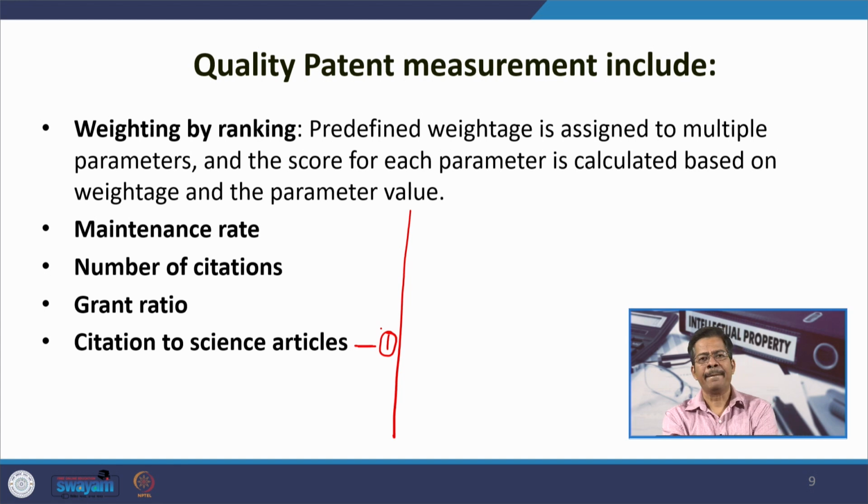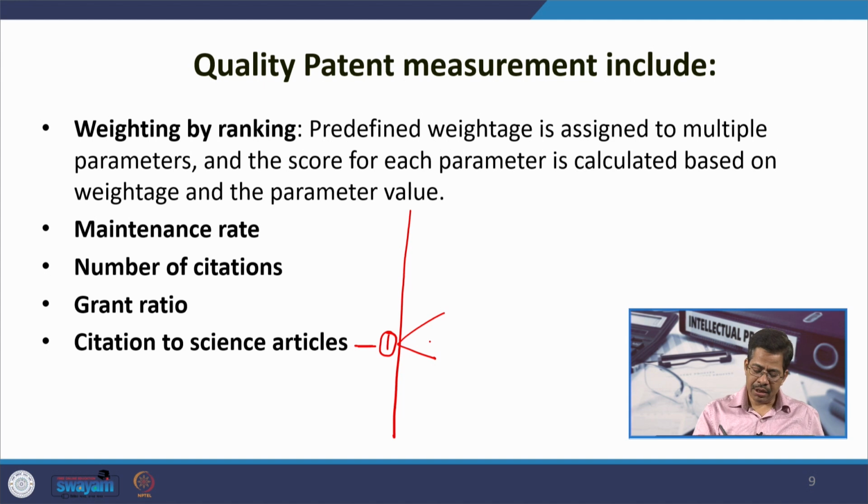Whenever you see any database, and in that database you want to know which IP is more important or valuable than the other IP, the simplest criteria which we use is how many citations there are for a particular IP. And citations are possible in two ways.